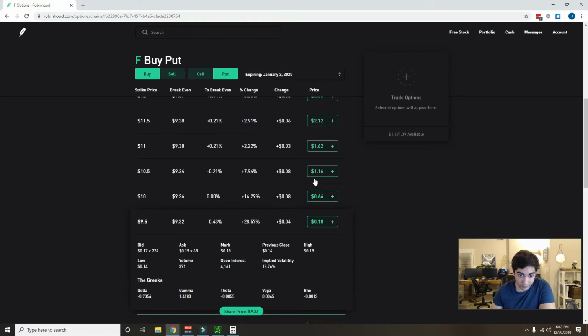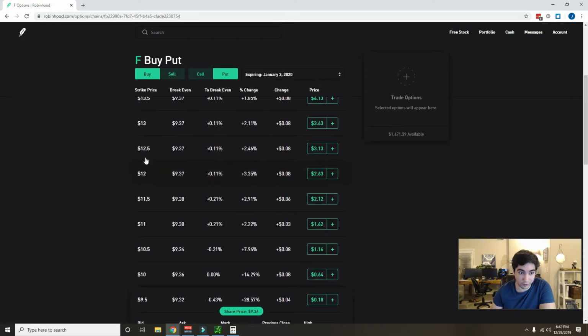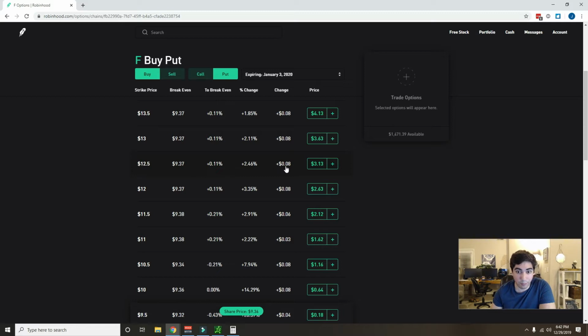That's why the more expensive the strike price, the more expensive the option, because Ford isn't even trading at $12 right now. So if I want the option to sell my stock for $12 a share, it's going to cost me a lot. It's going to cost me $2.63 times 100.